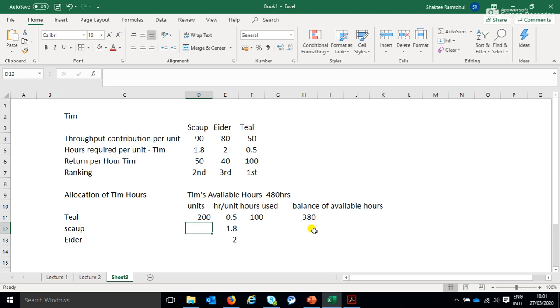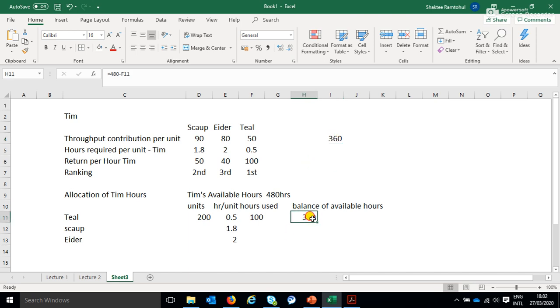Now let's go back and see, what about scalp? Because remember, in our evaluation, scalp came second in terms of ranking. Let's see if we can manufacture all of scalp. So 200 multiplied by 1.8, because remember, we want to make 200 sculptures of each. That gives us 360. What does that tell us?